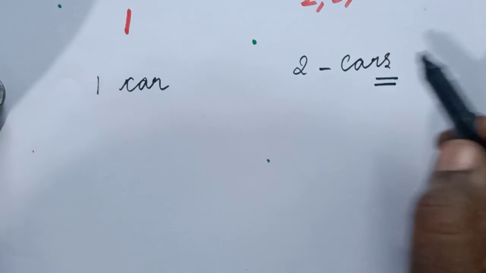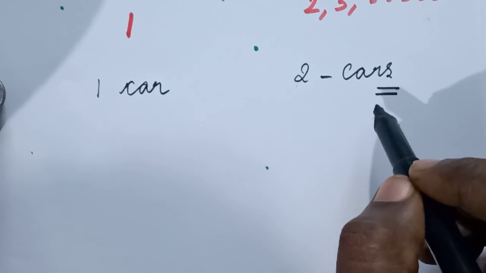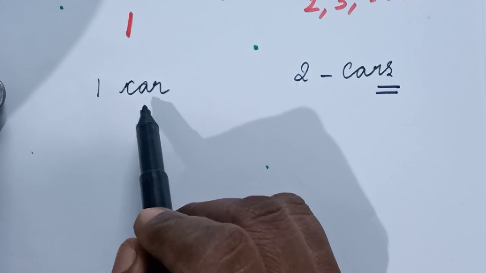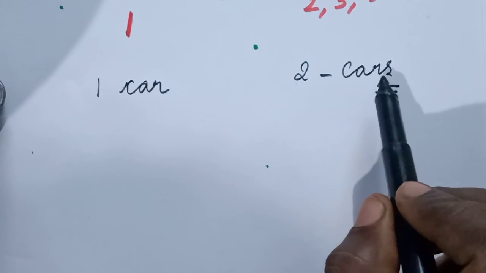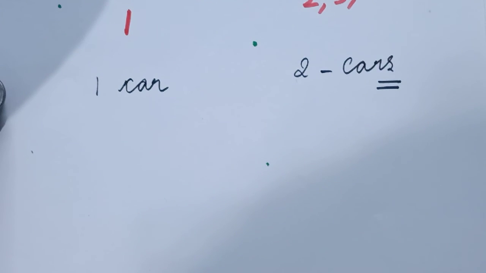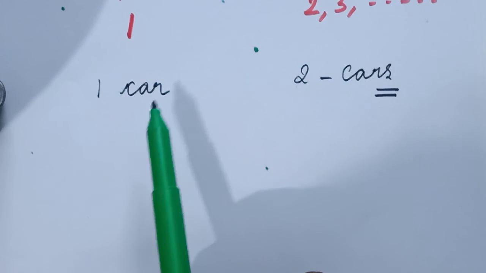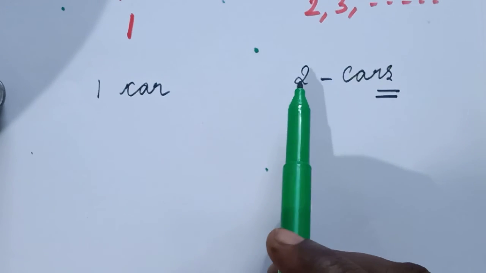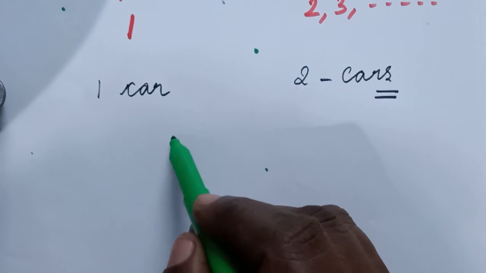Normally, we have learnt plurals as adding S at the end, isn't it? One car, singular; two cars, plural. But now in today's class, we are just going to read many rules for how you can change the singular to plural.